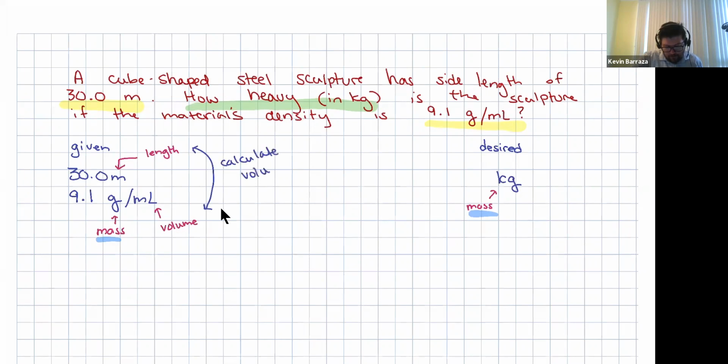Calculate the volume. Then they'll match. So we literally have a cube that is 30 meters on each side. So that's exactly what we're going to do.